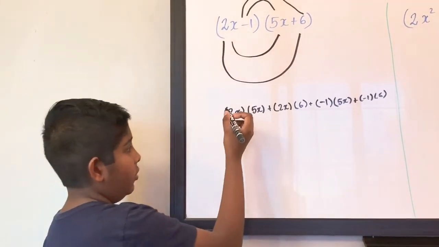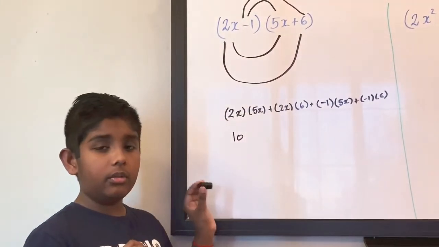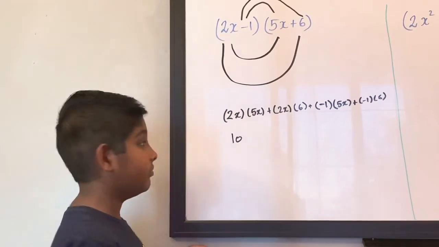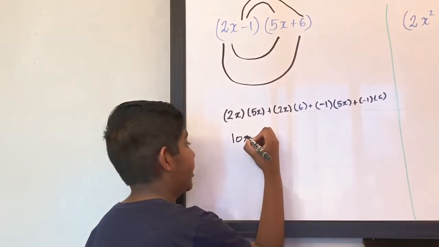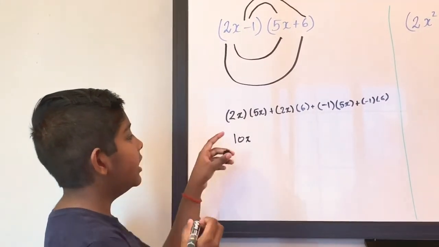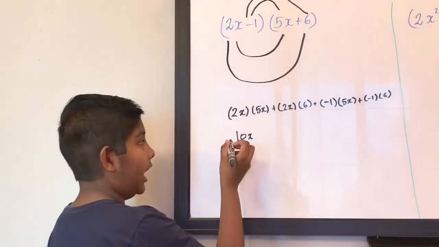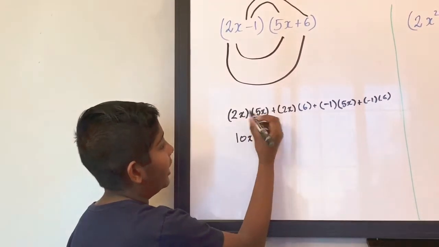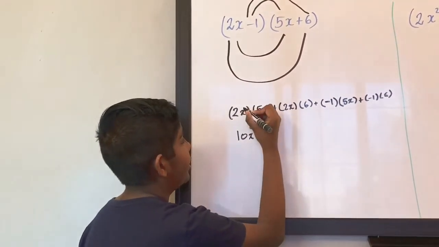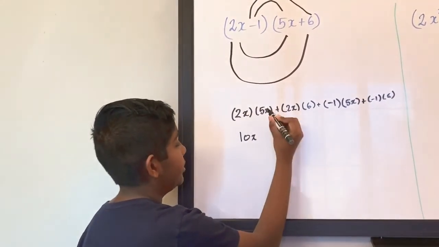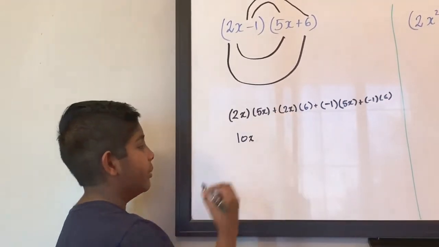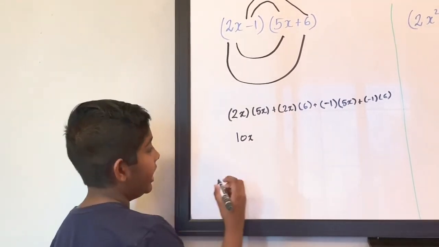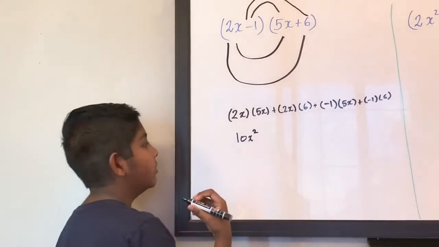Then we have two of the same variable, so let's write down the variable x and add the exponents. This is x to the power 1 and x to the power 1, so the exponent is 2. So this is 10x squared.